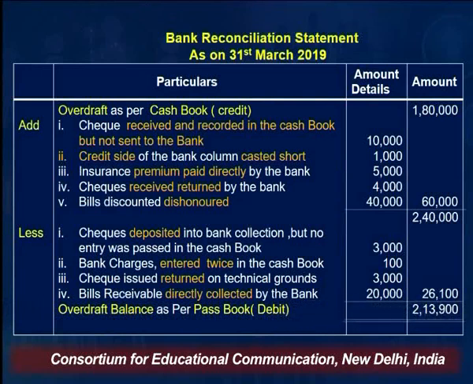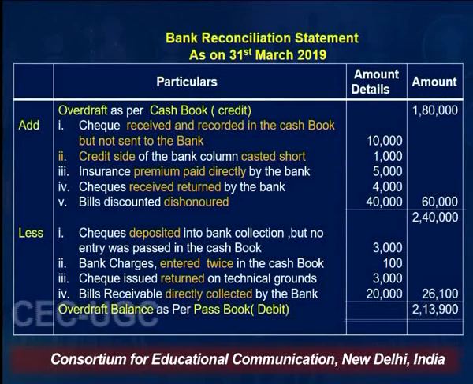In a normal case this item would be deducted, but we are starting this bank reconciliation statement with the balance as per cash book, the negative balance. So in this case we do just the reverse. Whatever items were deducted there will be added here, and whatever items were added there will be deducted here.